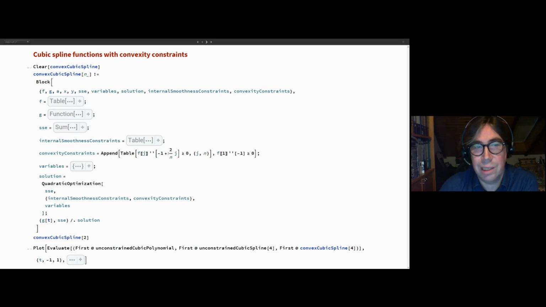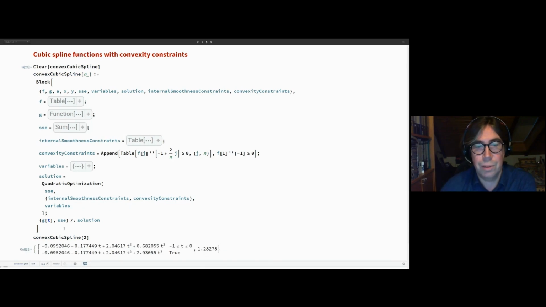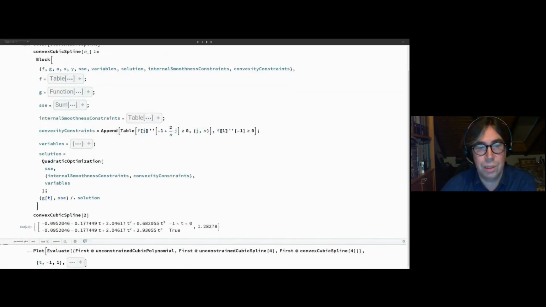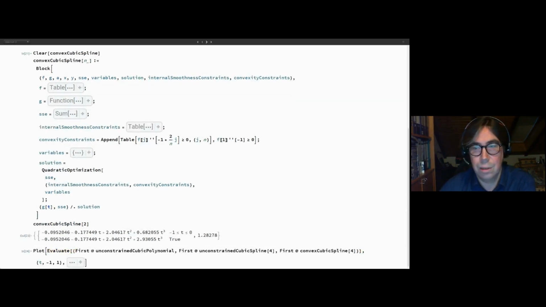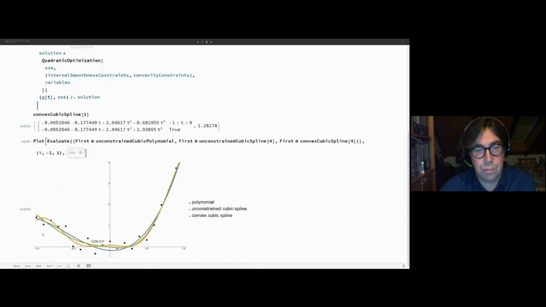Right, and that's what I write out here as a convexity constraint. And as before, I get such a solution, which now fits the data better than the polynomial did, but it is convex, which is even more than what the polynomial was. And convexity can be very important for physical reasons, or just for smoothness reasons.